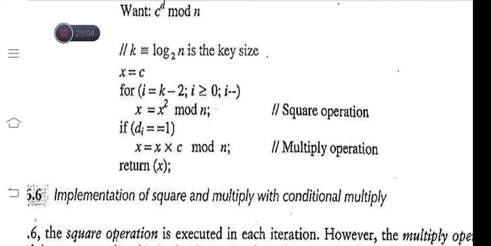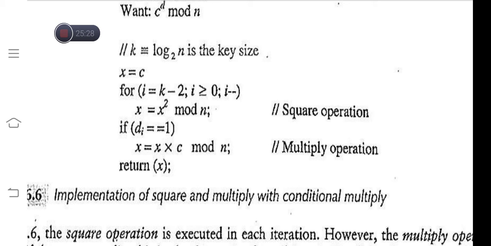This is known as conditional execution, which may be exploited by an attacker to deduce the position of ones in D. At what position the value 1 is present in a decryption key D can be easily found by the attacker. So how can this be done?